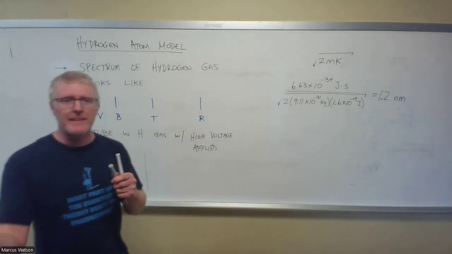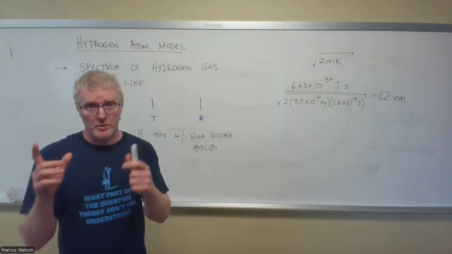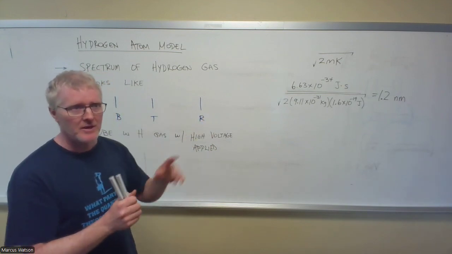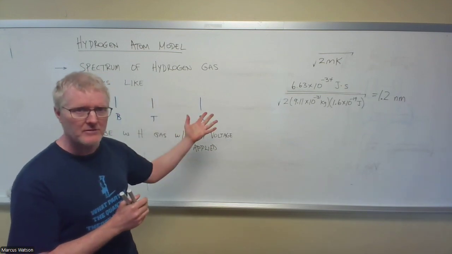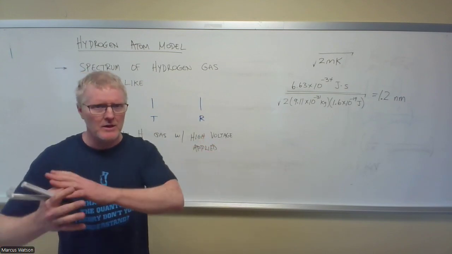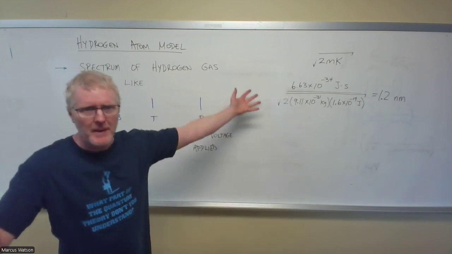Then when you look at the light that's coming out, you would have to look at it through a diffraction grating in order to separate out the wavelengths. But you see only 4 wavelengths. And so the question is, why are we seeing only 4 wavelengths? How come we're not seeing everything? Why are we not seeing a full spectrum here?